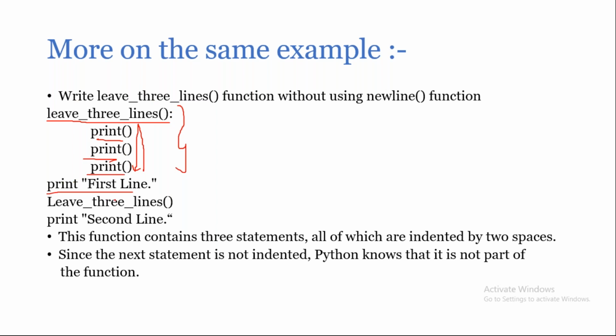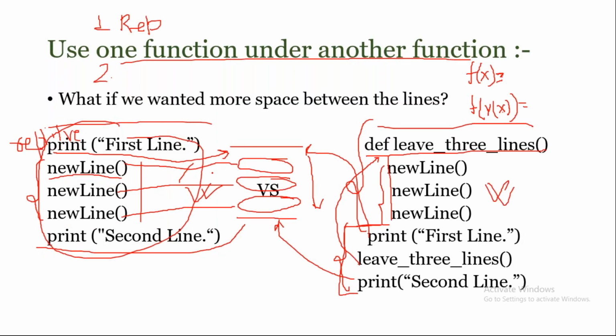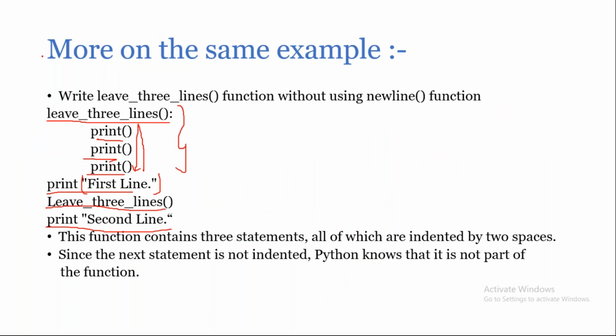So how am I going to use this? I'll write print first line, I'll call this 3 line function, and then I'll print second line, right? So this will be equally good as these two functions. No problem with this, right? So what I'm trying to show you here is that from the very basic predefined functions in Python, you can make very elaborate functions. Okay, all right.